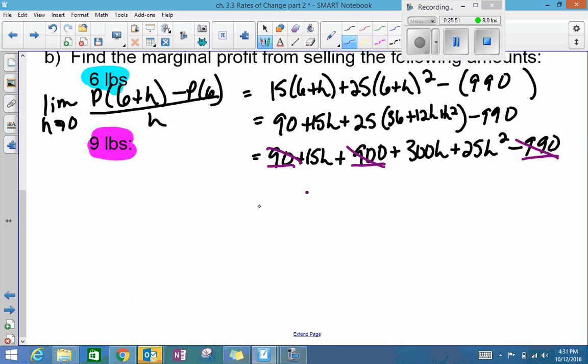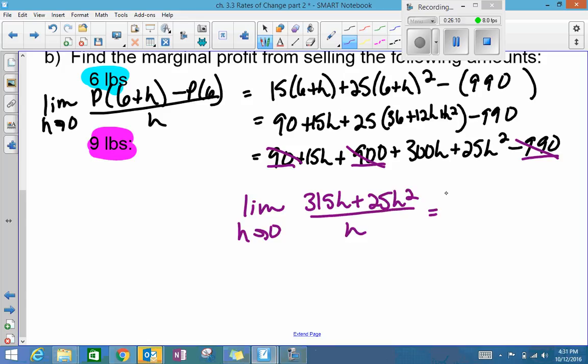So our constants cancel out. So now we're taking the limit as h approaches 0 of 15h plus 300h, which actually is going to be 315h. Go ahead and combine those. Plus 25h squared all over h. Simplify it by taking out h.